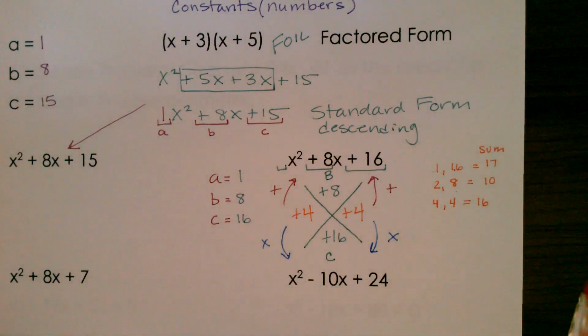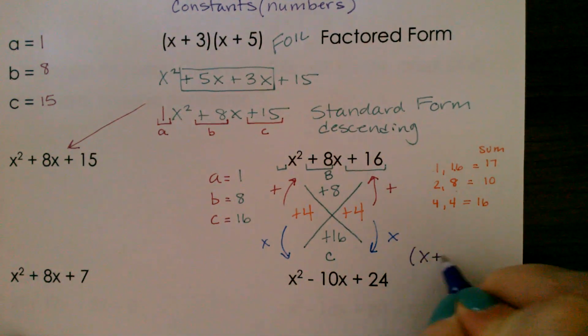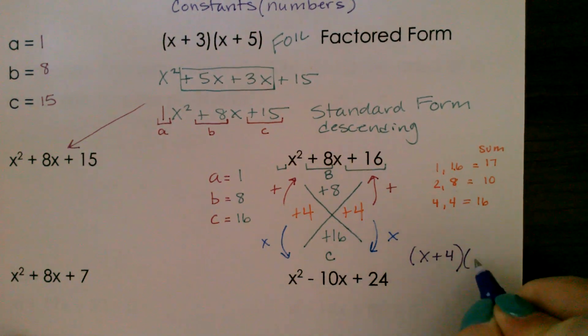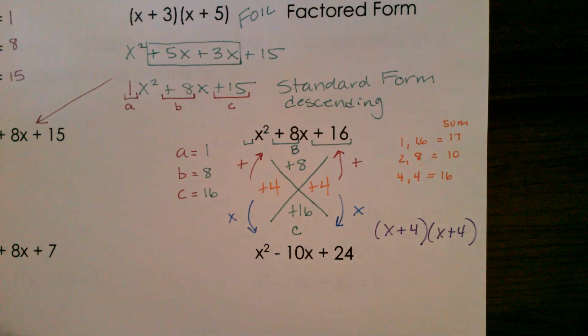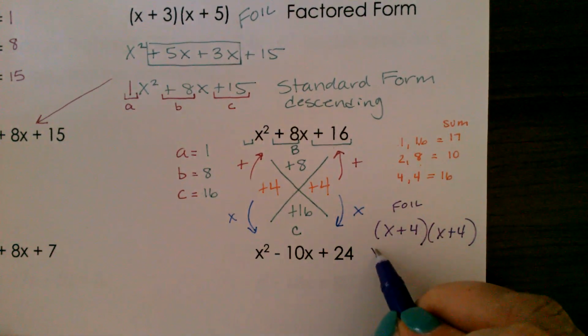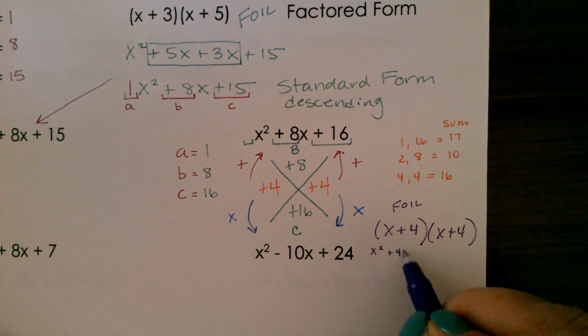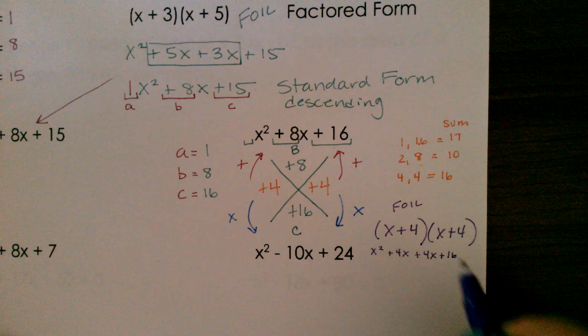I get 8. So to write this in factored form, it would be x plus 4 times x plus 4. If we took a minute and FOILed this back out, I would get x squared plus 4x plus 4x plus 16.